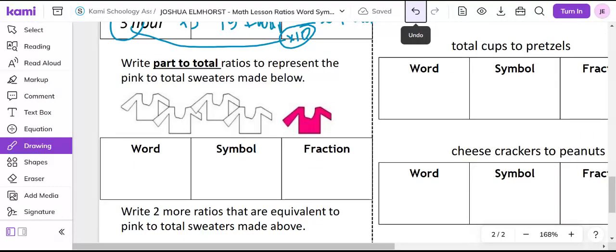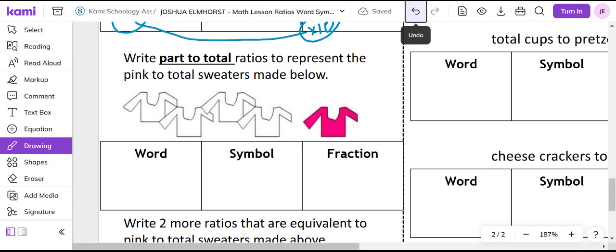Pink sweaters. So we have 1 pink, and then 1, 2, 3, 4, 5, 5 sweaters. We're going to write the same thing, 1 pink, and then put in the colon.